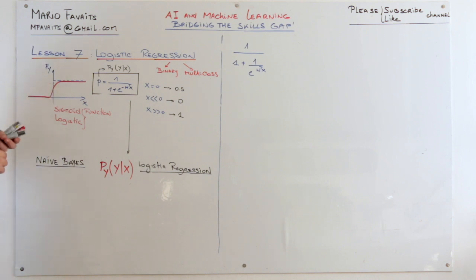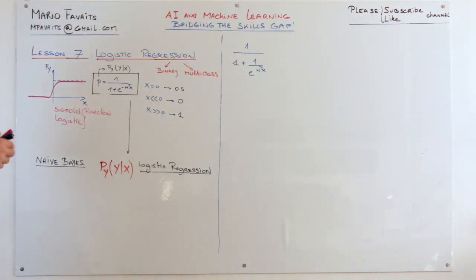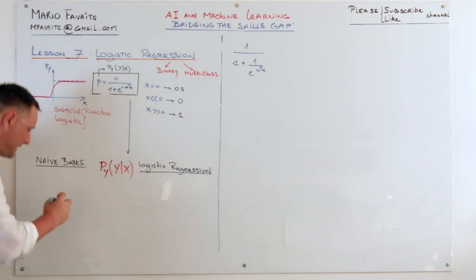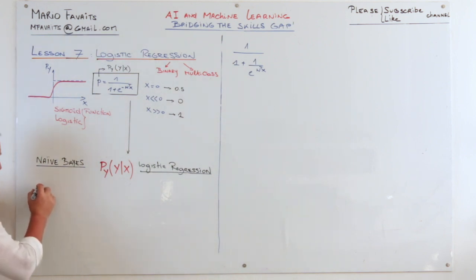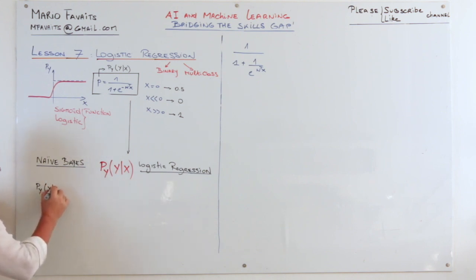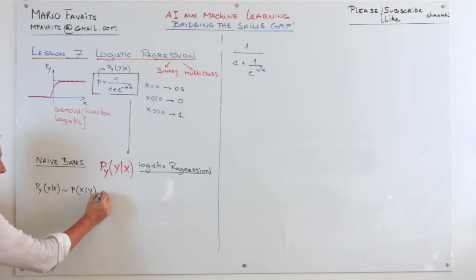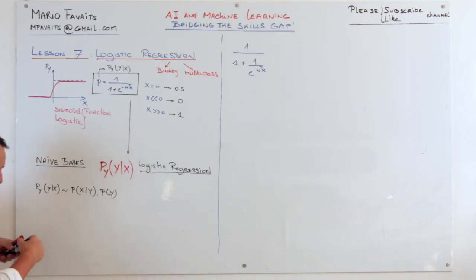Let us now take a little bit of a look between naive Bayes and logistic regression. There are two different algorithms. In naive Bayes, what we try to do is, this is what we're looking for. Remember? Y given x is proportional to x given y times probability of y.